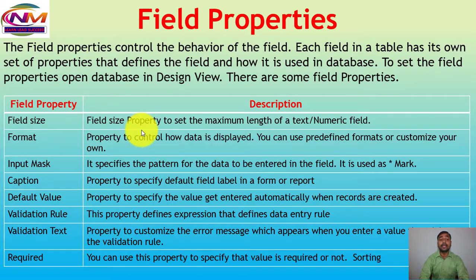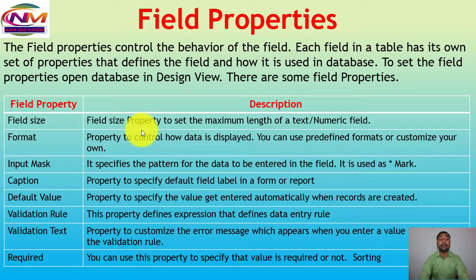Once we define the default value of this field as Patna, then at the time of entering the record, the data will be entered automatically. So this is called default value.